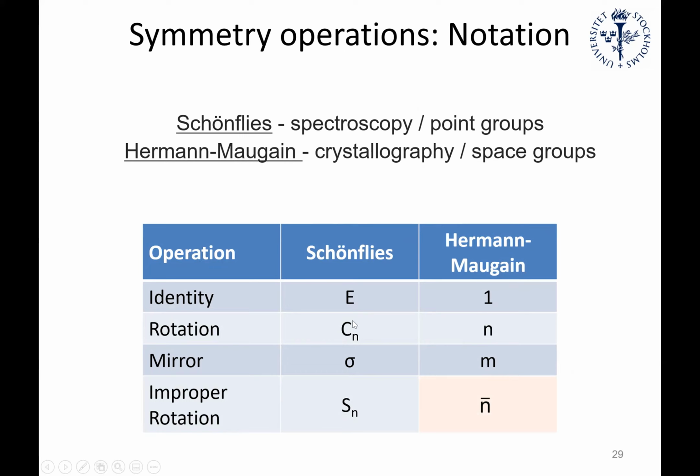For example, rotations in Schoenflies notation will be like C with some integer subscript. That is the same as the integers that we have, like 2-fold rotation, 3-fold rotation, 4-fold rotation, which would be described with just an integer. So a lot of these are equivalent to one another.